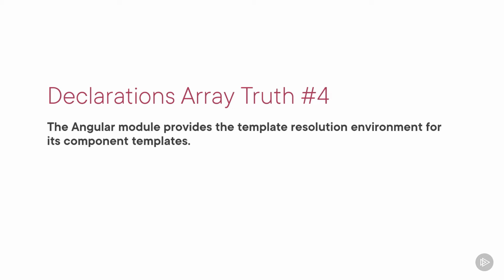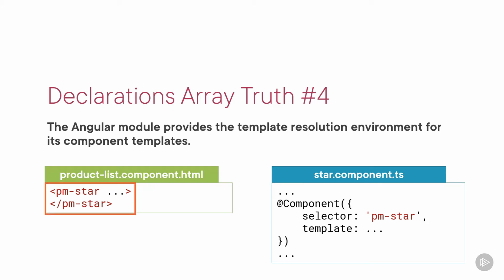The Angular module provides the template resolution environment for its components' templates. When we include a component in the declarations array of an Angular module, the component belongs to that Angular module. That component's template, directives, and pipes are then resolved within that module. When we use a directive in a component's template, Angular looks to the module for the definition of that directive.